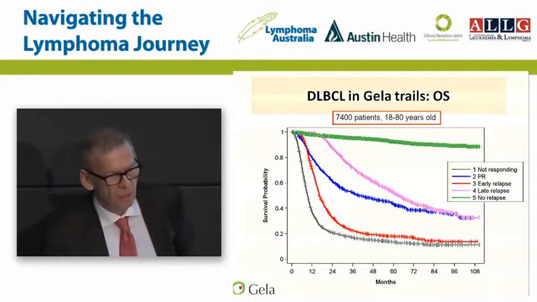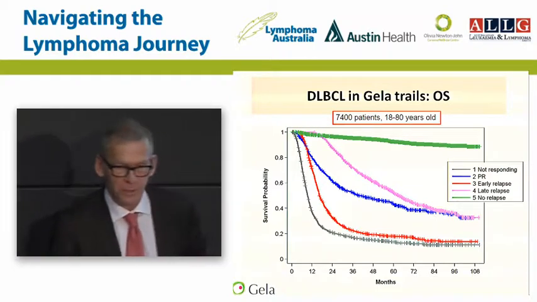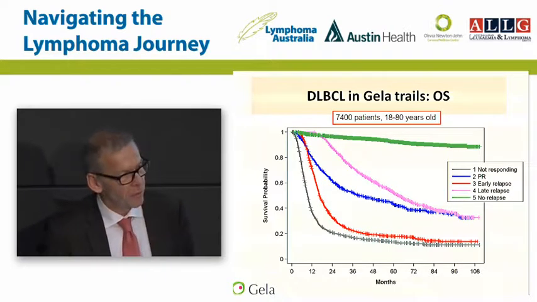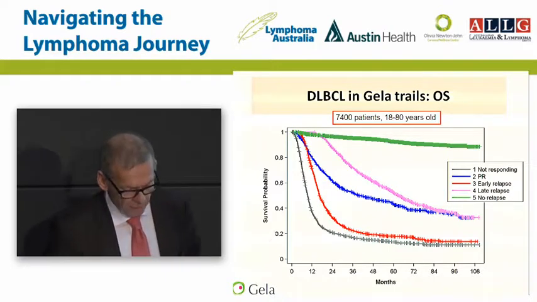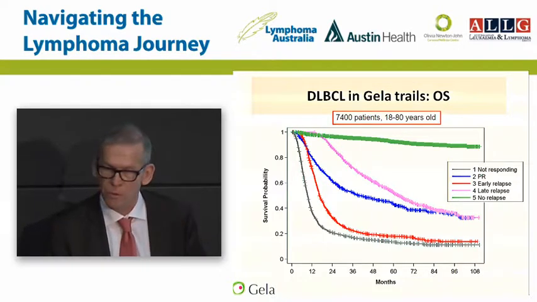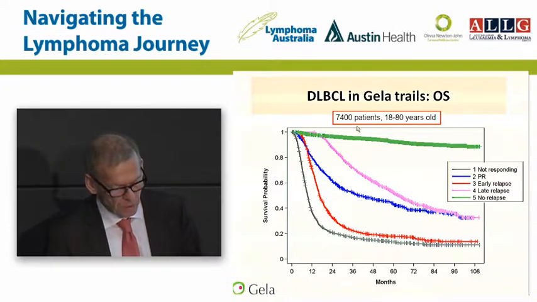So here you see, these are not German data. I wear sort of the French tie today. And these are French data from Bertrand Coiffier's group, the LYSA. So they treated, and this was the group that pioneered this Rituximab chemotherapy combination, more than 7,000 patients with diffuse large B-cell lymphoma over these last 20 years or so.